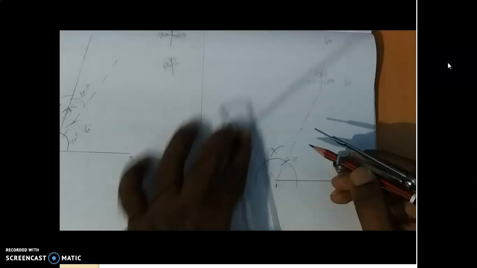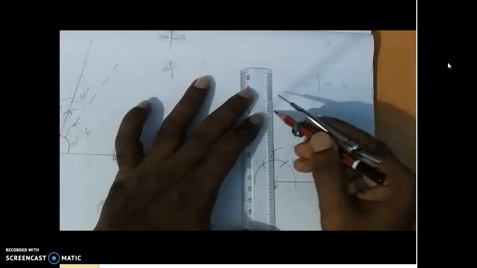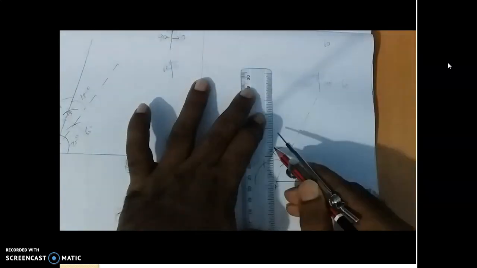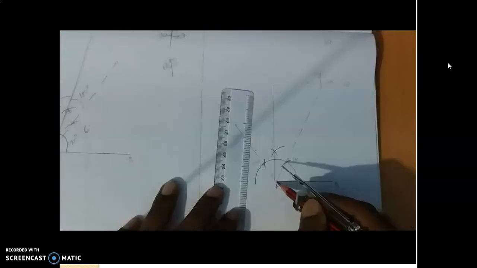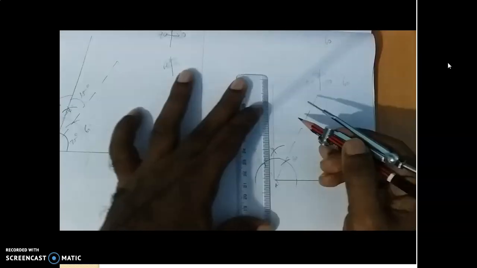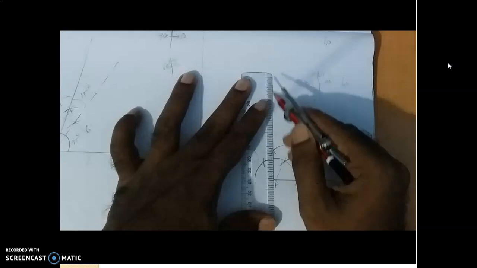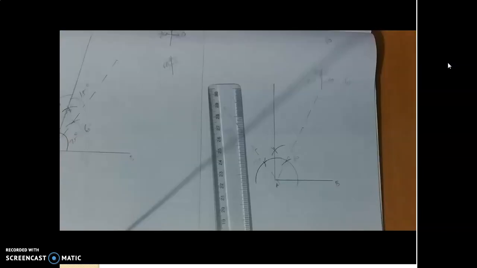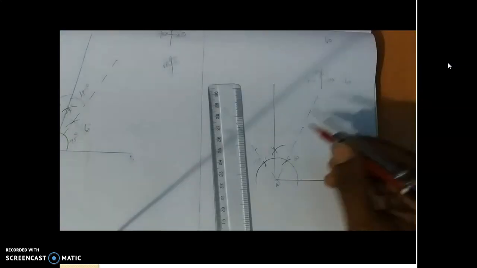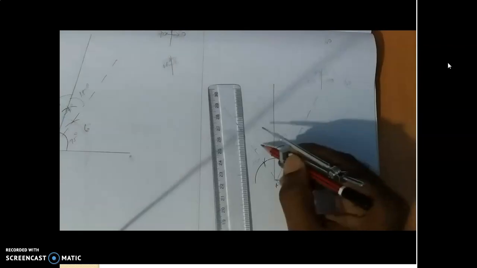So now here is 90 degree. Actually here it comes approximately here. So it is 90 degree. Then after drawing this, this gap is nothing but 30 degree, and this gap is also 30 degree.